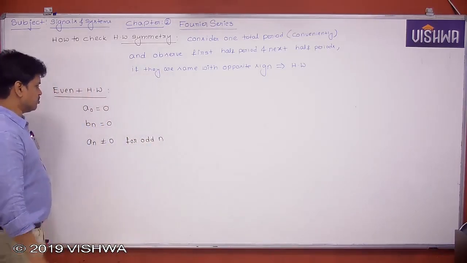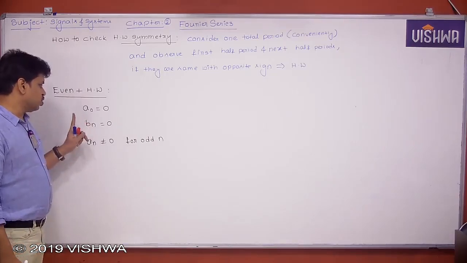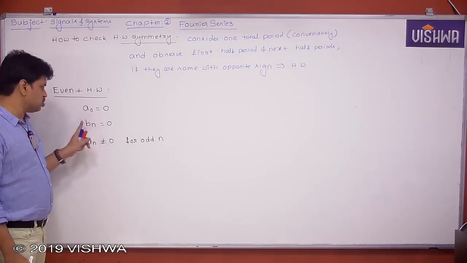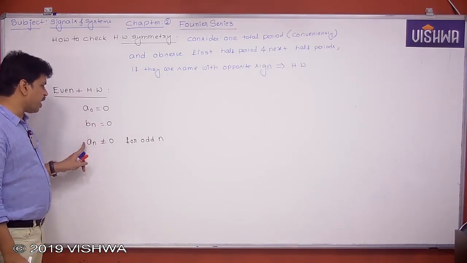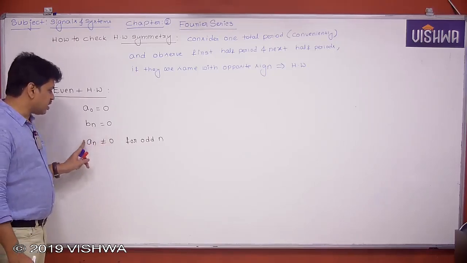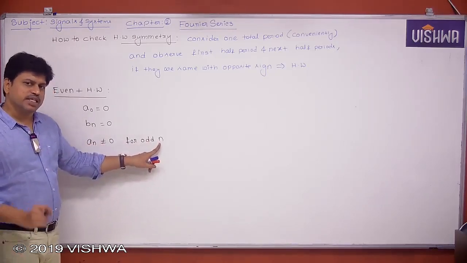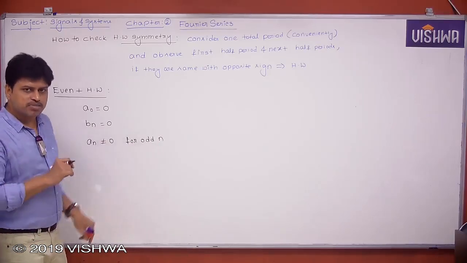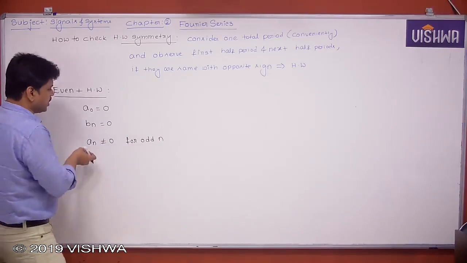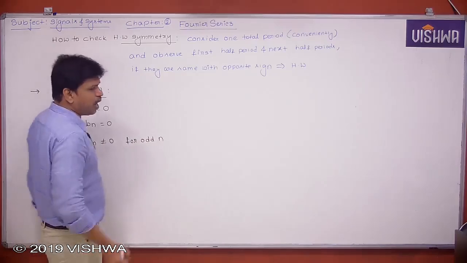So now you tell me, we don't have DC term, we don't have sine terms. Bn is equal to 0 means we don't have sine terms. We are having only cos terms, and those cos terms are only present for odd values of n. Can I simply say it is having only odd cosine terms? Why? Because it is not equal to 0 only for odd values of n.